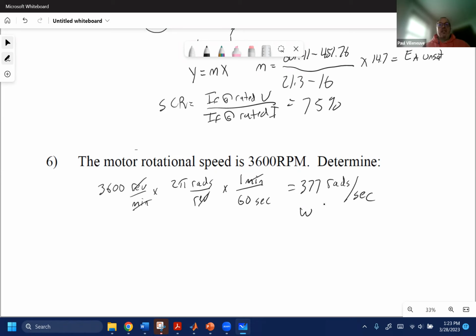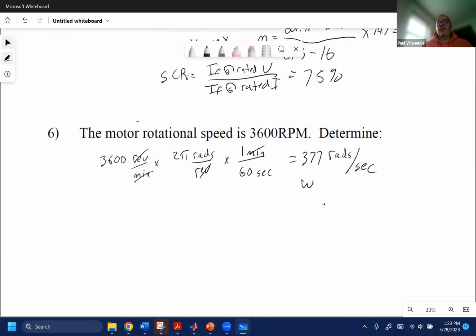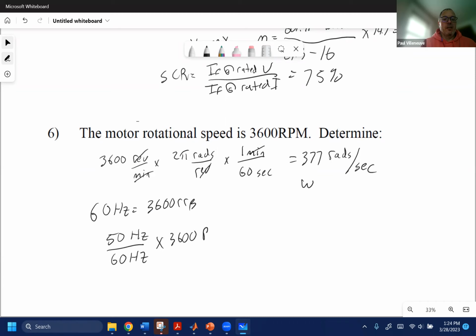The next one is if it's converted to a 50 hertz system, what would the new rotational speed be? Well, remember 60 hertz equals 3,600 RPM. You could have done it and said, well, 50 hertz to 60 hertz is a ratio times 3,600 RPM. That's one way to do it.